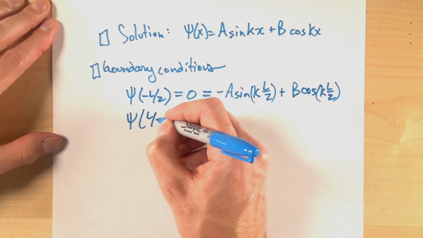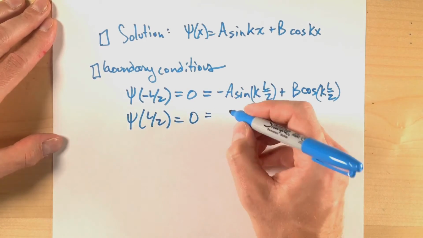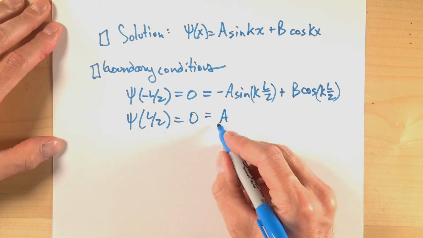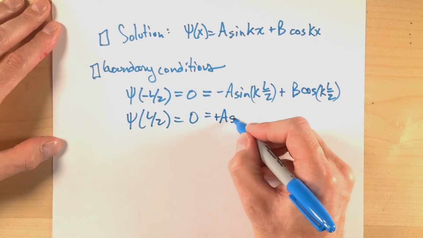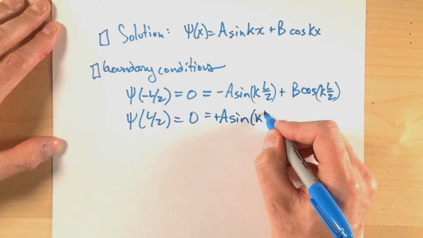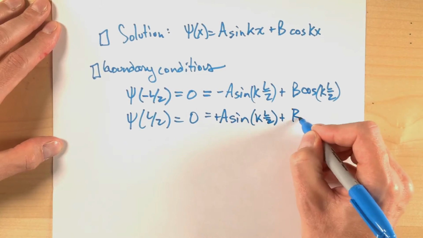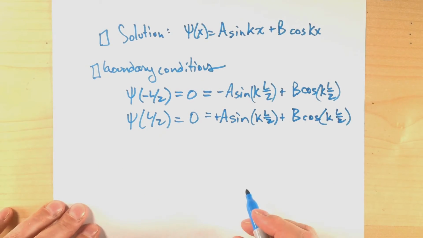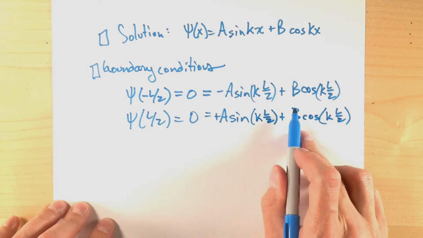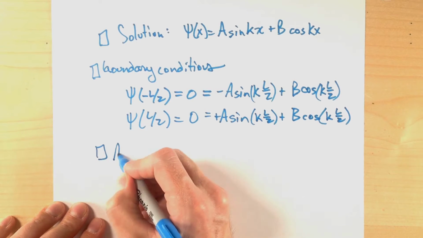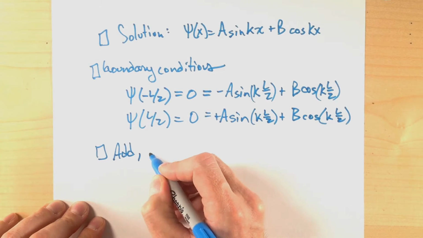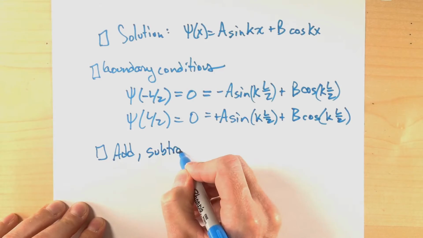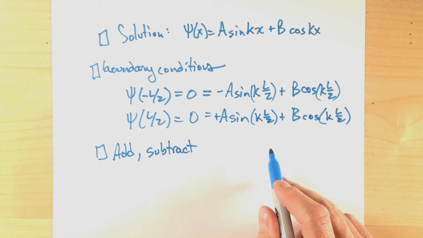Now the other boundary is like it, but with an important difference: the first term has a plus sign. We can, of course, add and subtract these two boundary conditions, and what do we get?